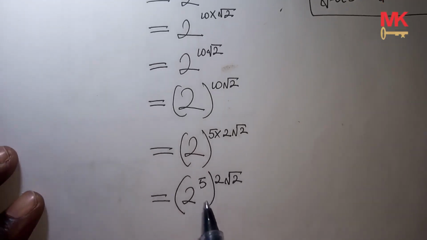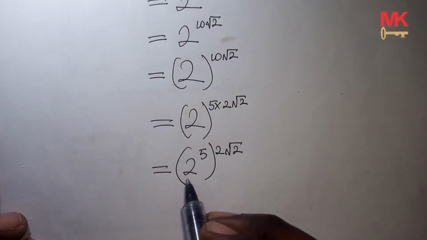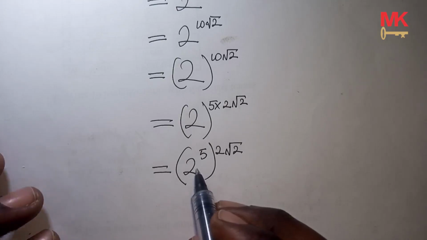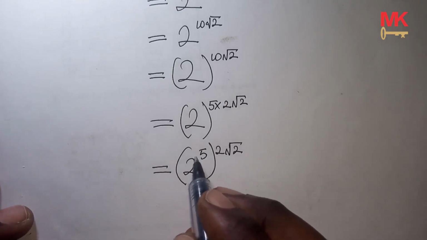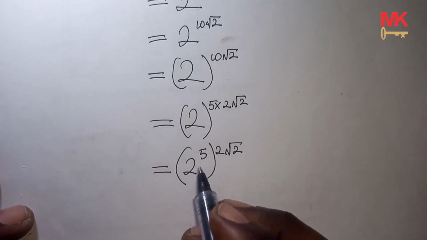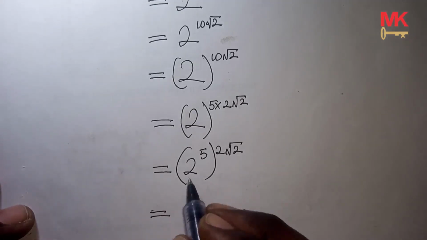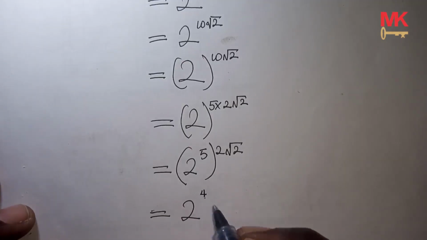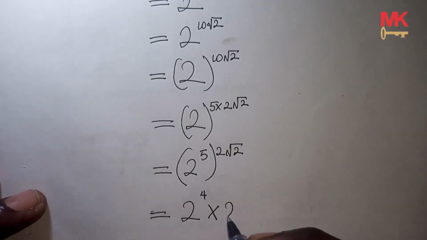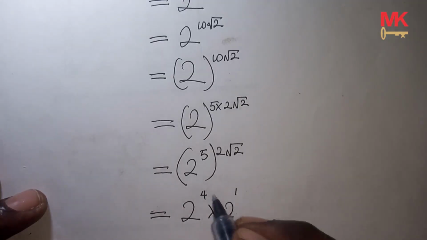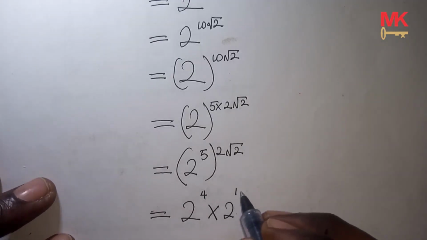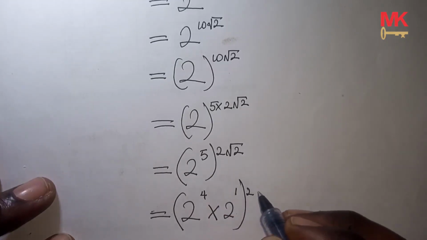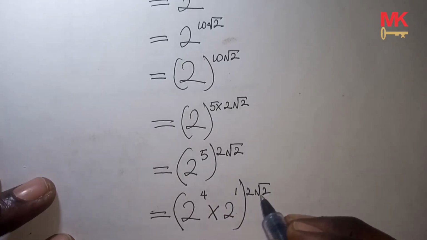At this point, what we are going to do now is to manipulate the power inside using the first law of indices. So this is now equal to 2 raised to power 4 times 2 raised to power 1, in bracket, raised to power 2 root 2.